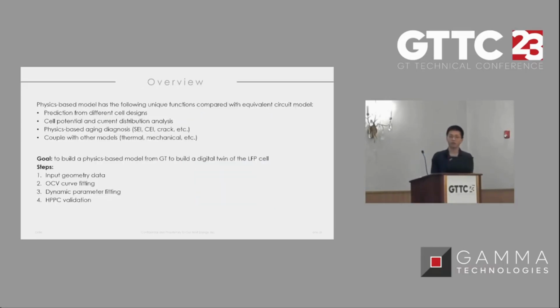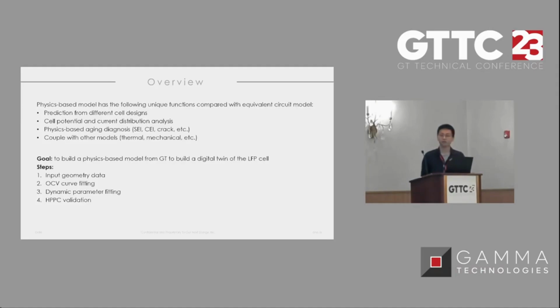To model the cell, there are a few options. One of them is a physics model, and the other is equivalent circuit model. I think Mr. Milano already advertised for us the advantages of physics-based models. I'm going to list another few advantages.